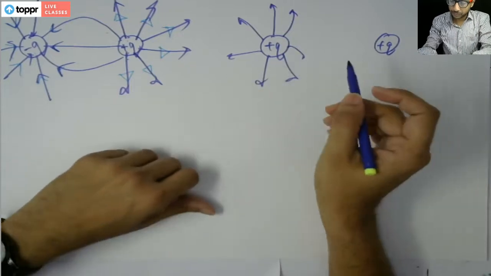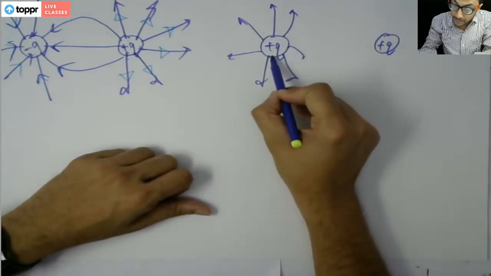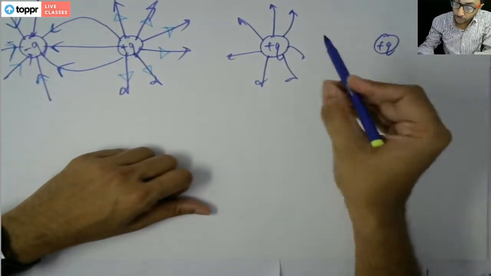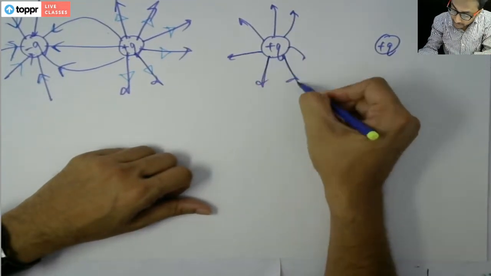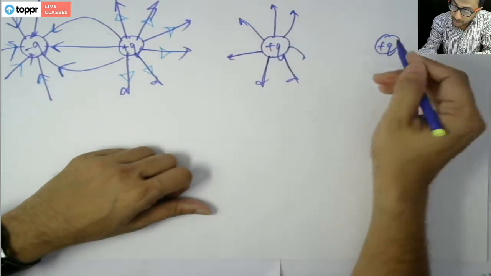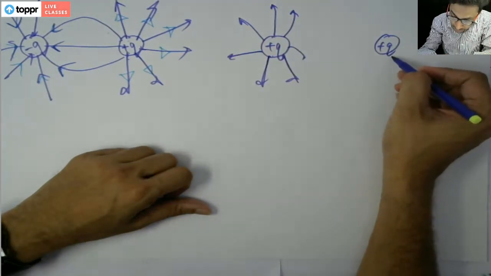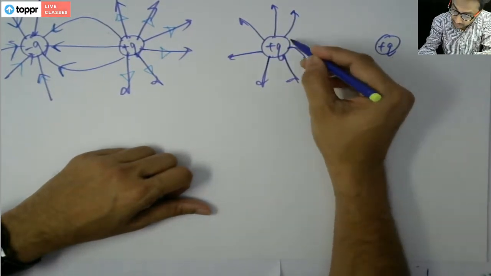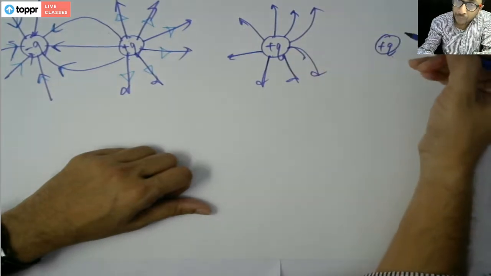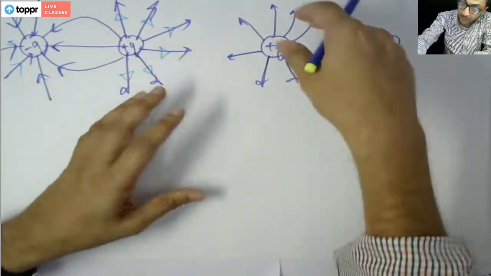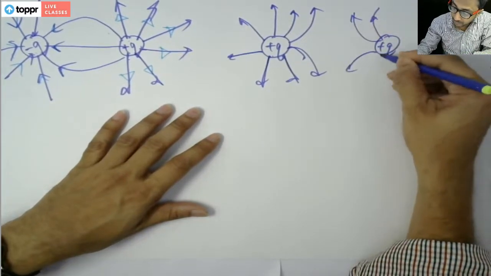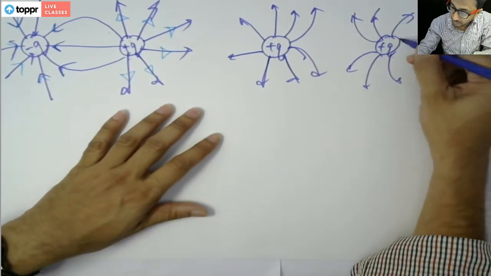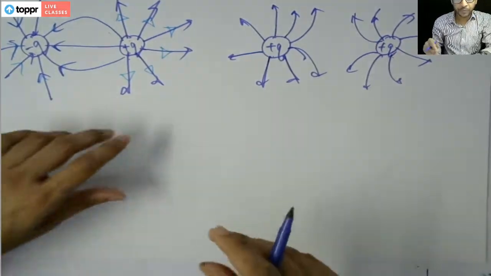Okay, now see, this is plus Q and this is plus Q. So the electric field should be radial, but because of the presence of this positive charge, the electric field lines will curl because of this repulsion. Got it?